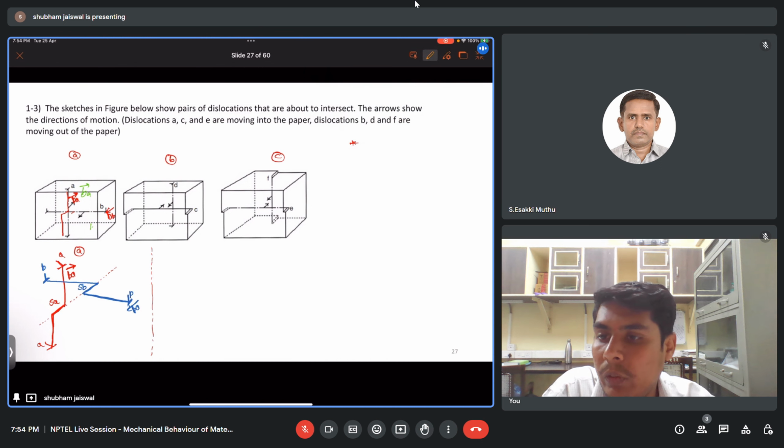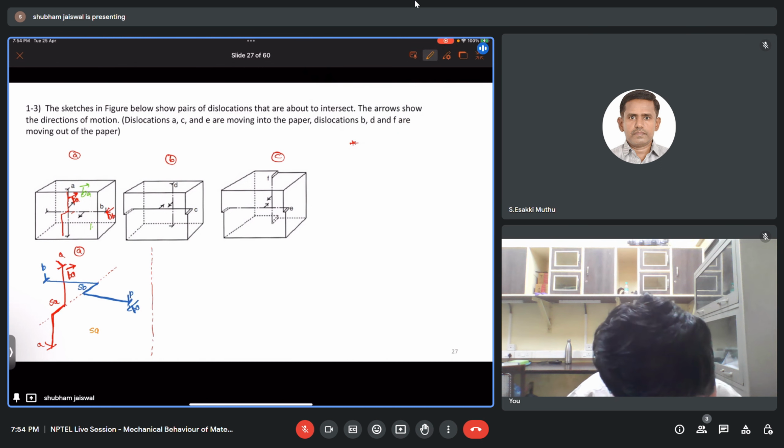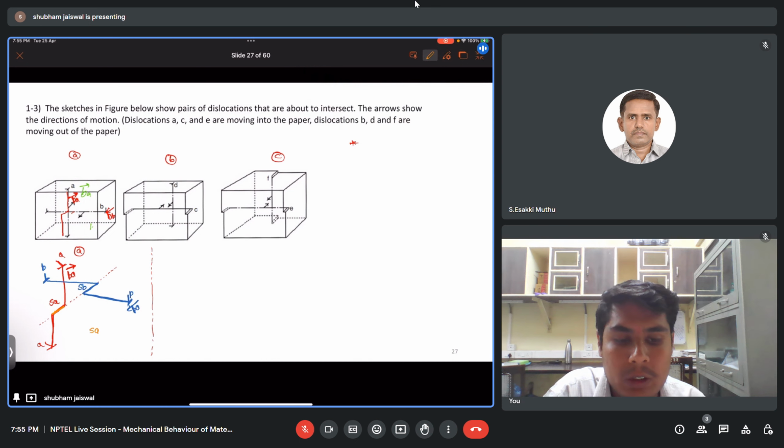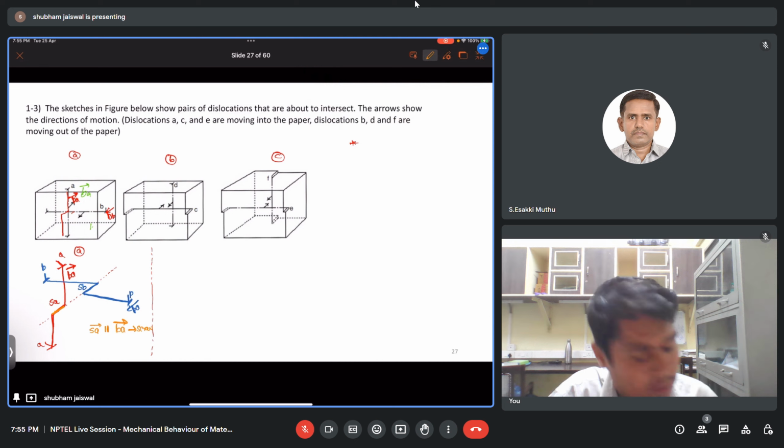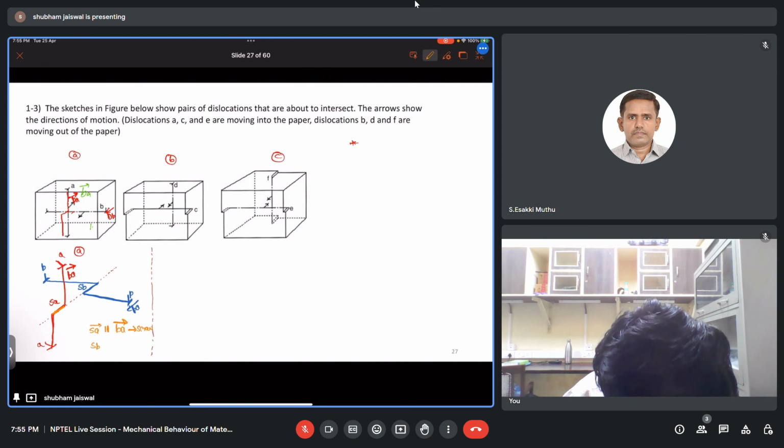Now if we see here SA, the line vector is parallel to that of the Burgers vector BA, meaning the SA vector is parallel to the BA vector. It means it has a screw character. Similarly, for the SB vector, it is parallel to the BB vector, so it also has a screw character.